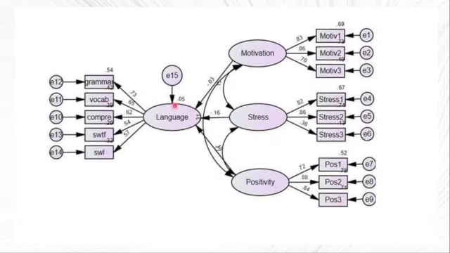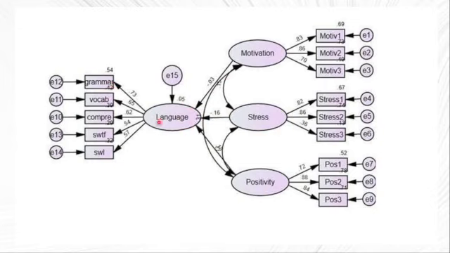Here you can find another example of a study. For example, you see language, motivation, stress and positivity. These are the four latent constructs used here. Language, you know, cannot be directly measured. We measure it using some questions or items, isn't it?